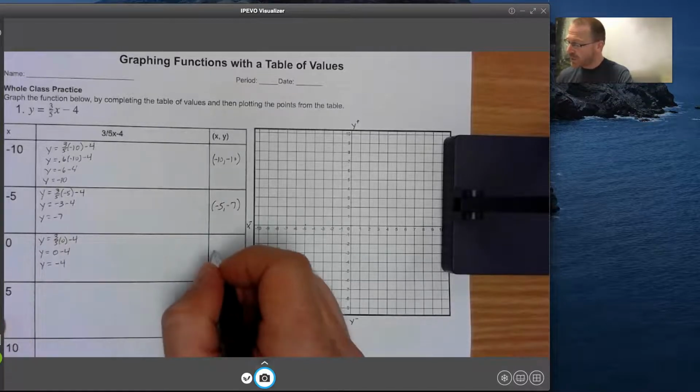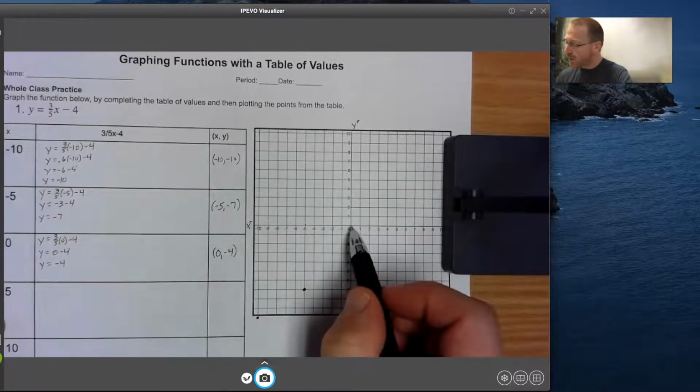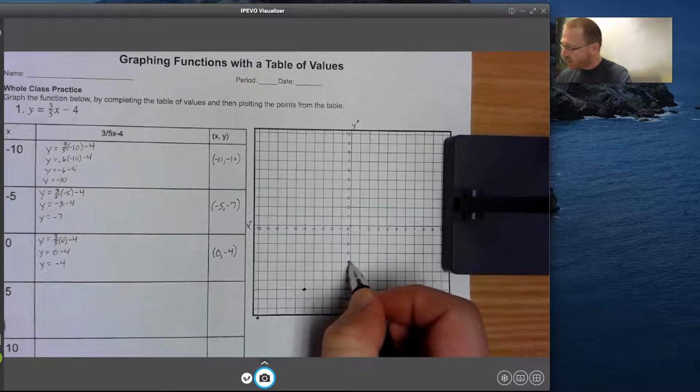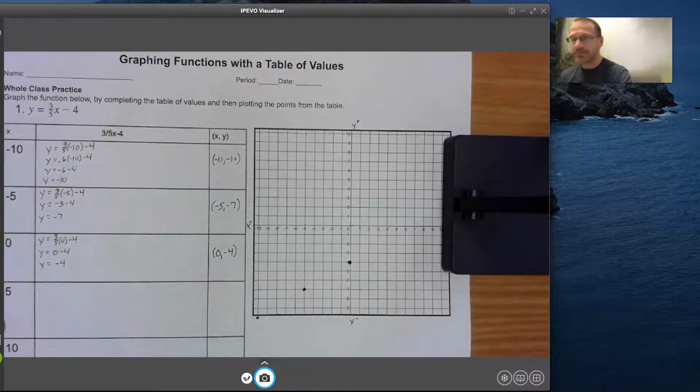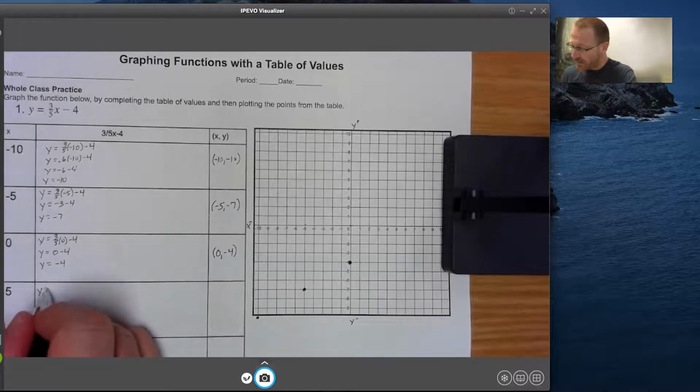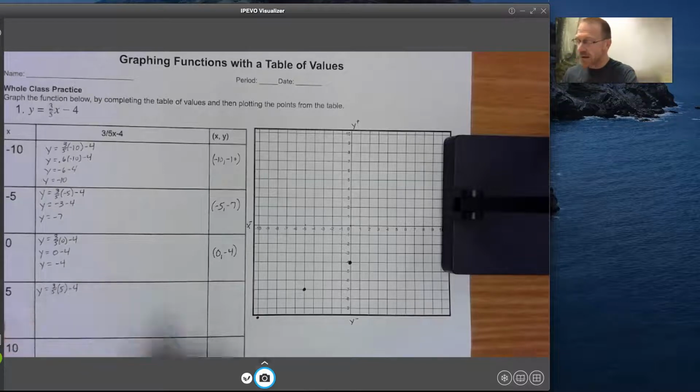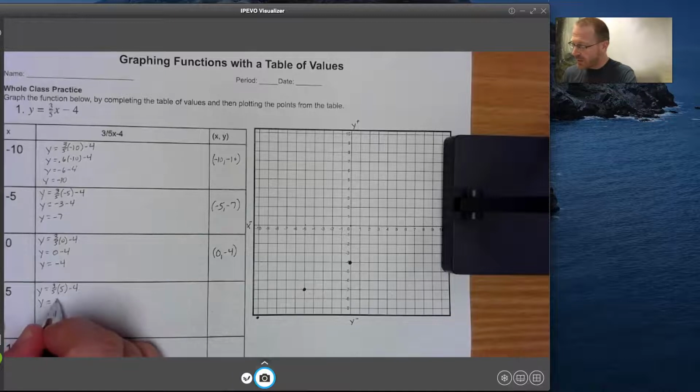So then my next point would be x is 0, we get y is -4. So x is 0 means I don't move left or right, and then I just move down 4 to right here. All right, so let's do y equals 3/5, and then I'm going to plug in 5 this time for x. All right, now 3/5 times 5 would be 3.